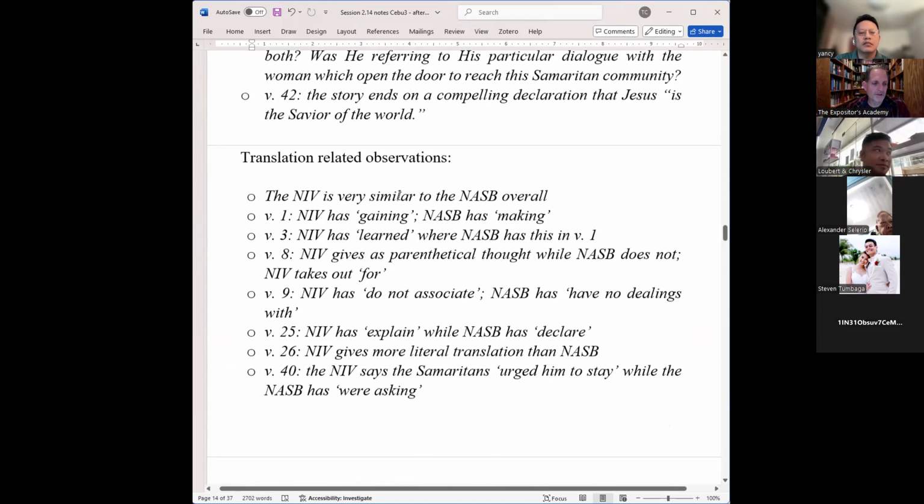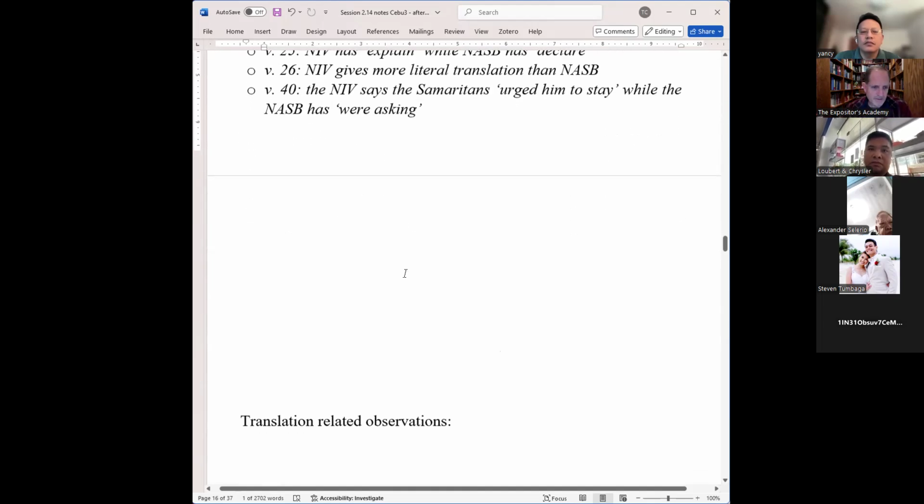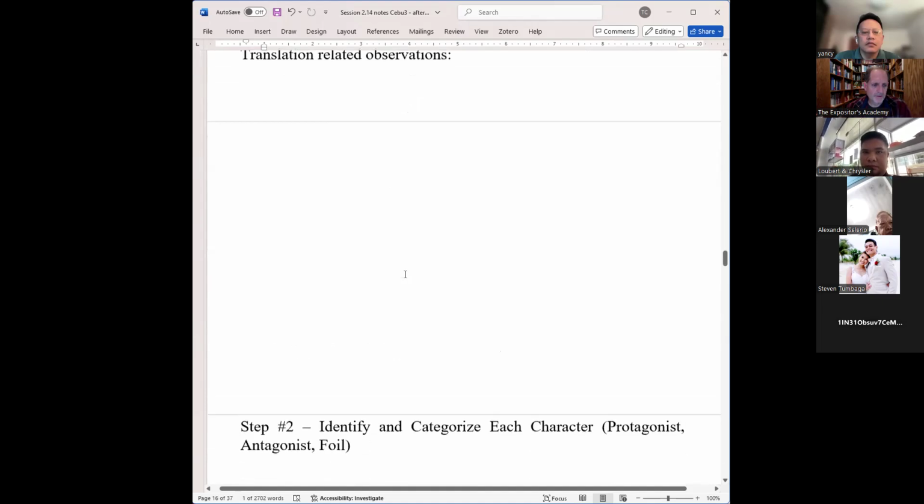I also noted a few things that I saw in the NIV. Before I had been using the New American Standard Bible. For this exercise, I read the NIV and identified some things I noticed from that. Again, I'll put these in, but the idea is just making examples with that.